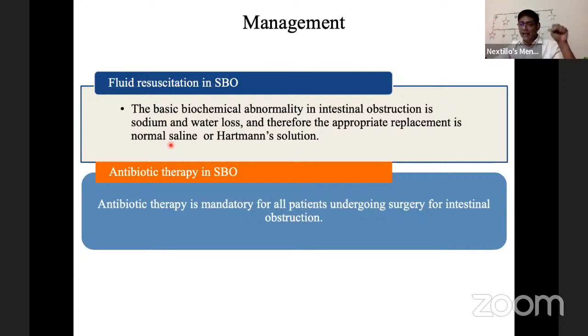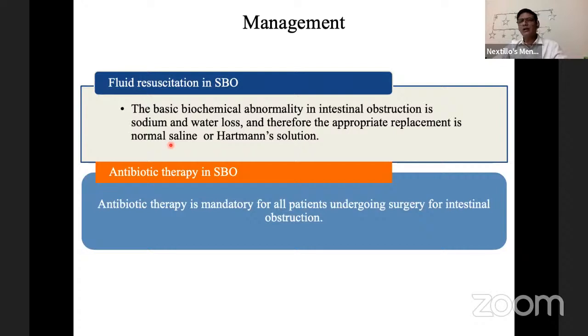In the dynamic obstruction, we have a functional obstruction. We have a physical obstruction, which could be extramural, intramural, or intraluminal. Extramural like adhesions, hernia; intramural like tumors, strictures; and intraluminal like stones, parasites, meconium.